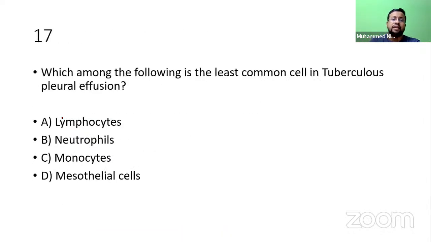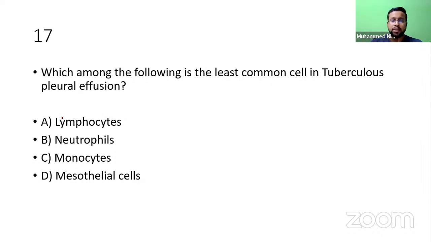Question number 17: which among the following is the least common cell in tuberculous pleural effusion? The options included lymphocytes, neutrophils, monocytes, and mesothelial cells. You will not have any confusion about lymphocytes; you're sure that lymphocytes are the most predominant cell seen in tuberculous pleural effusion. Neutrophils can be seen especially in the early part of the disease. Monocytes can also be seen in some amount.